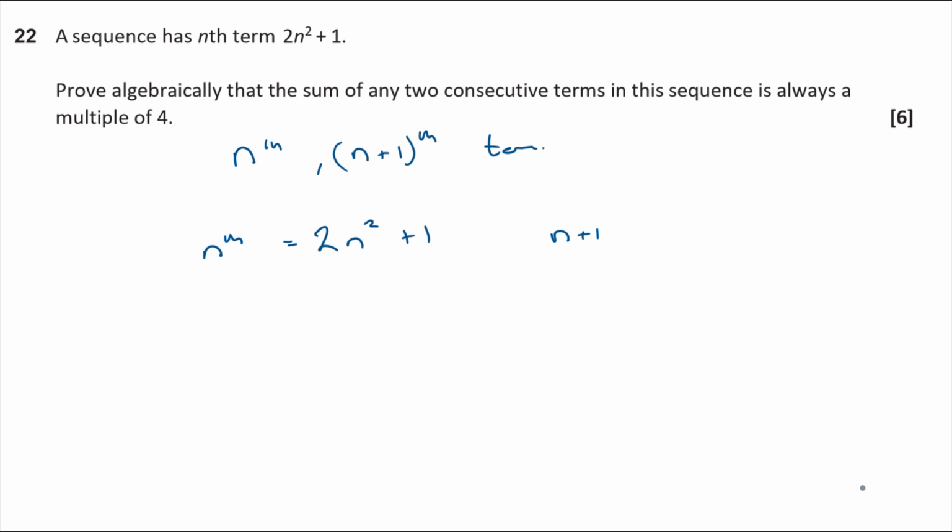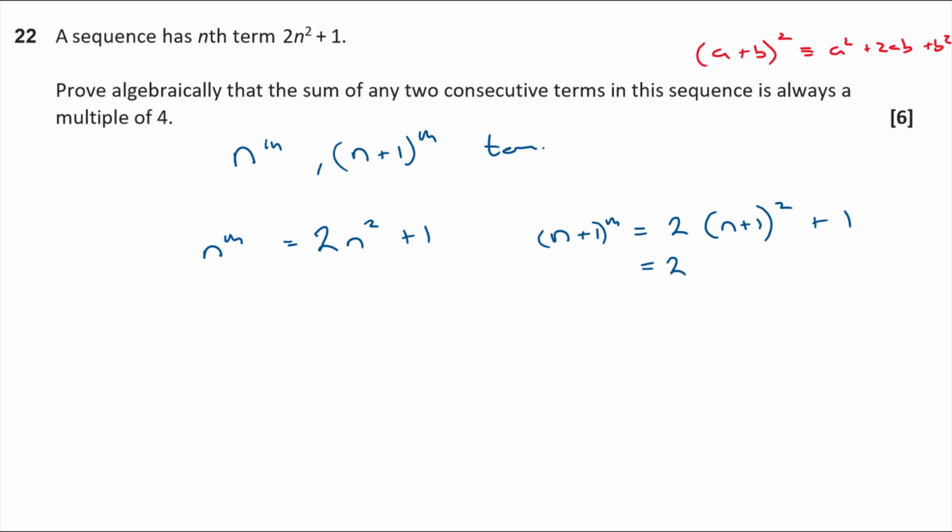And then the (n plus 1)th term is going to be 2 lots of (n plus 1) all squared plus 1. Okay? Now I'm just going to multiply out what that is. So now when I'm multiplying out double brackets like this, or like a perfect square, I tend to use the identity (a plus b) all squared is a squared plus 2ab plus b squared.